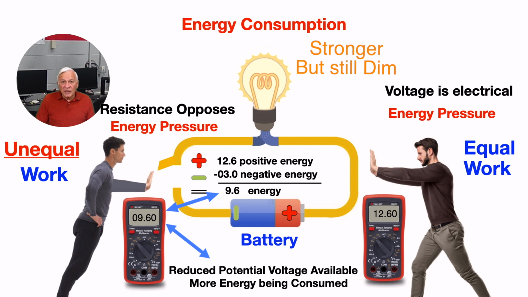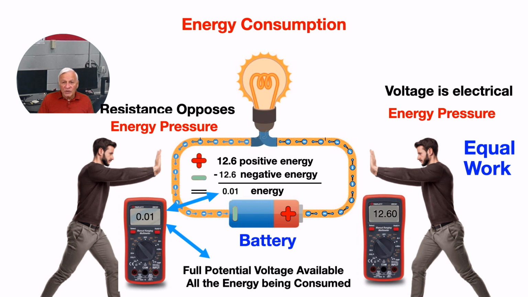As the opposing energy increases even more, the potential difference decreases with it and would be reflected as perhaps 9.6 volts of potential energy difference, 9.6 volts of unconsumed energy. And once the opposing resistance energy again equals the positive pressure energy, the potential difference would then be equal as well, and that would be reflected as 0 volts of potential energy difference on the meter, 0 volts of unconsumed energy.